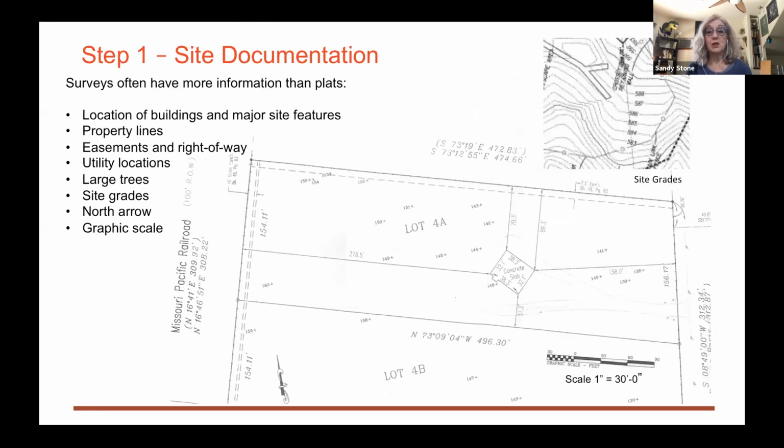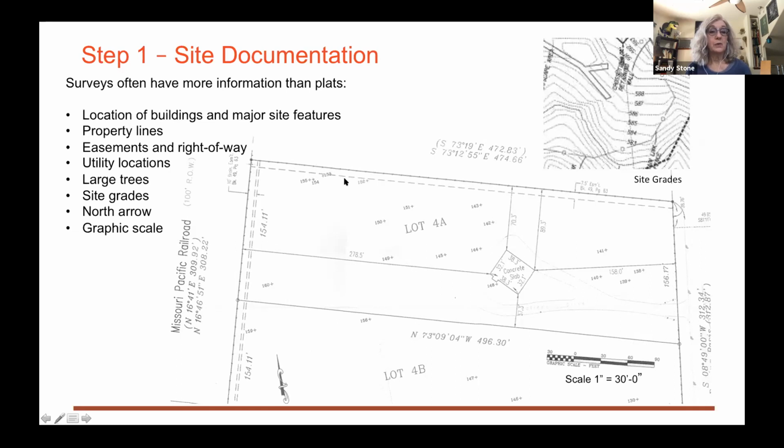This is a copy of a survey, and this is actually my property where I live. And as you can see, this is at a scale of 1 to 30. So it's a much larger piece of property. It's almost 2 acres. And it shows similar things. It shows the property line all the way around here.